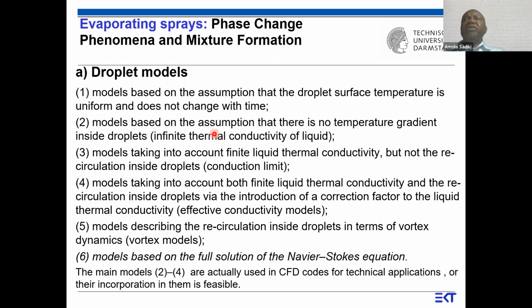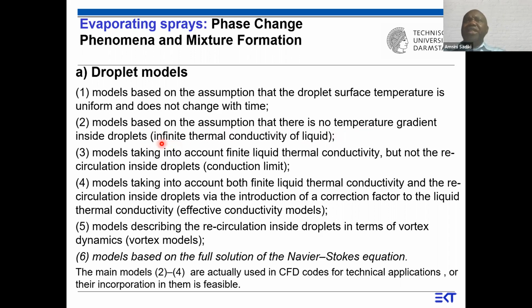So the model is based on the assumption that we have also no temperature gradient inside our droplet. This means that we have infinite heat transfer within the droplets. This is the so-called infinite thermal conductivity. So there is no gradient, and the heat transfer is processing with infinite velocity, so it is very high.